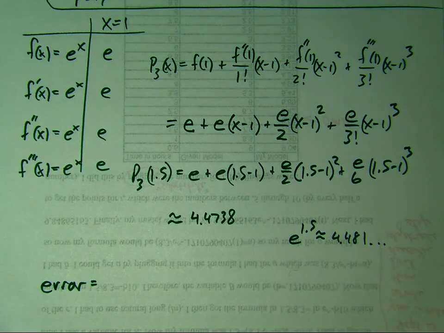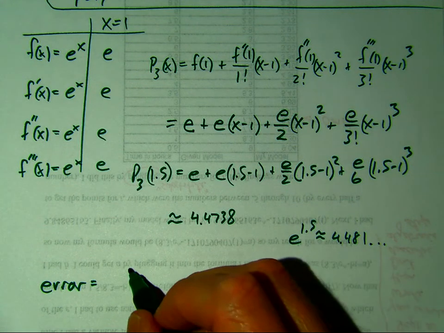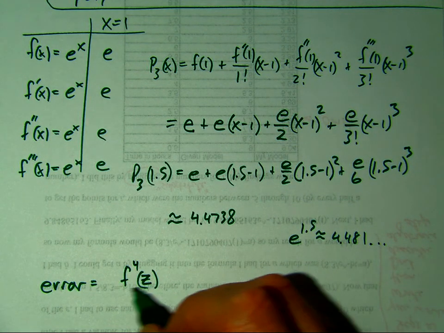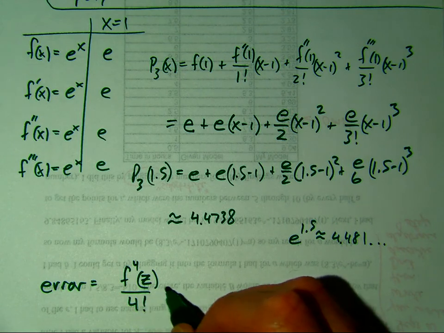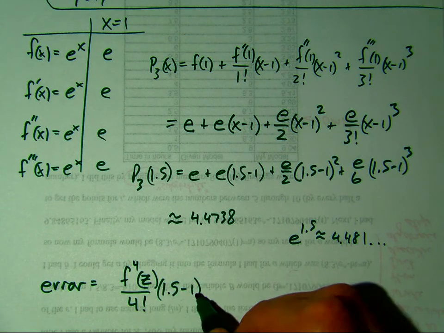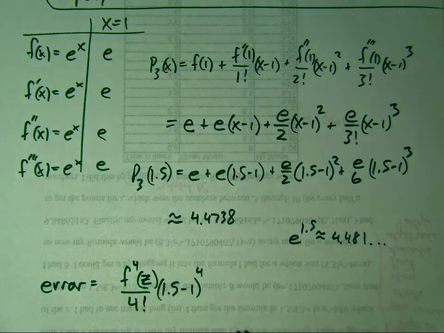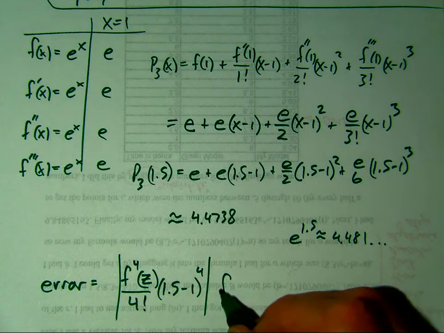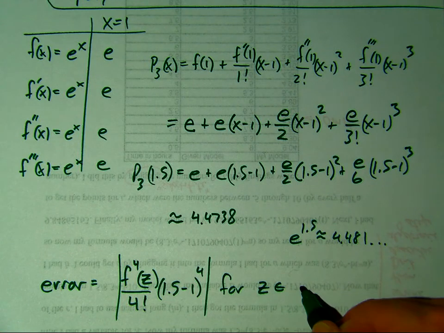So if we have a third degree term, we'll go to the fourth term: the fourth derivative of f at z over 4 factorial, times (1.5 minus 1) to the fourth. The absolute value of that is the error for some z in the interval from 1 to 1.5.